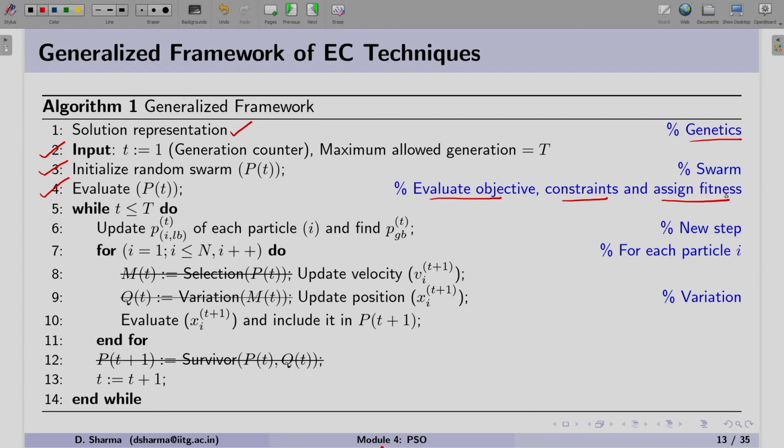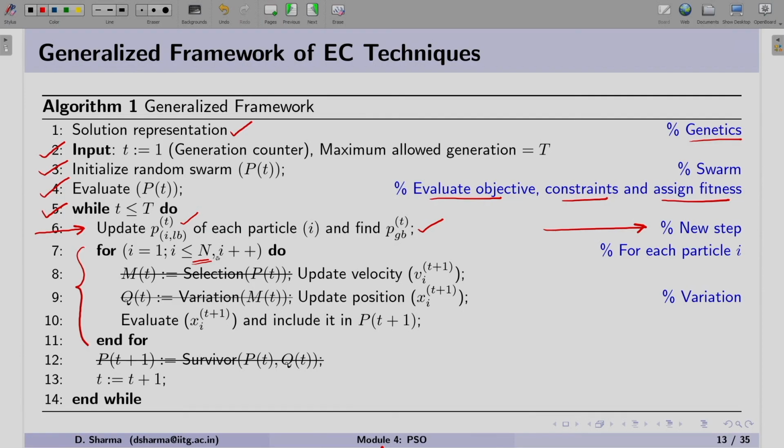Thereafter, in step 5, we are in the standard loop of the number of generations. Step 6 is something new. Why? Because we have to find the local best of the particle as well as the global best, and that is why it is referred to as a new step. There is a small change in this generalized framework: we have one extra for loop here. This for loop is to update each particle one by one.